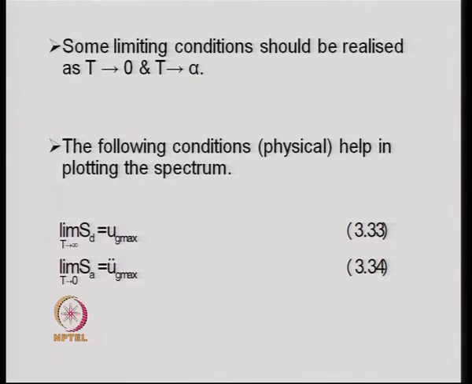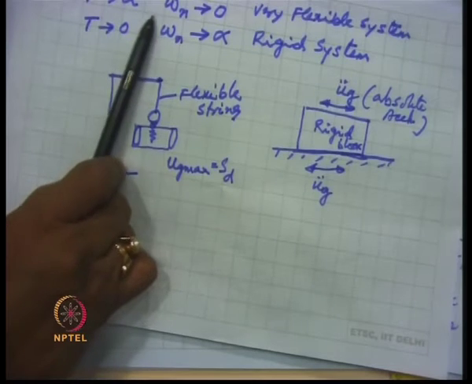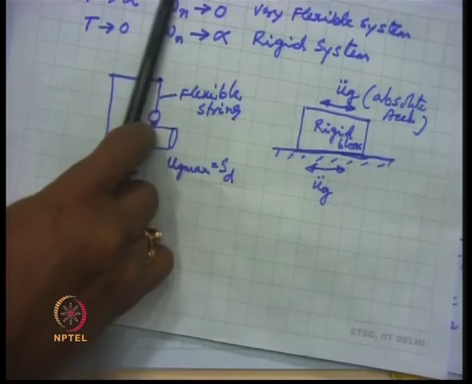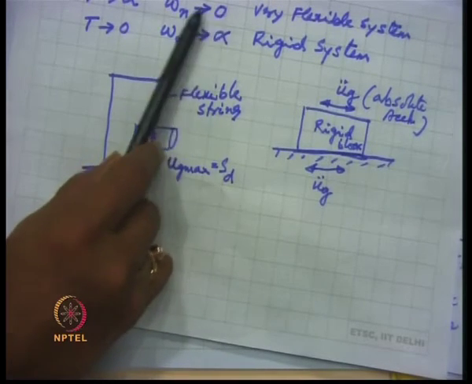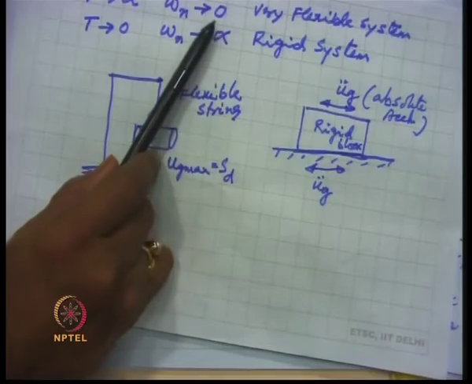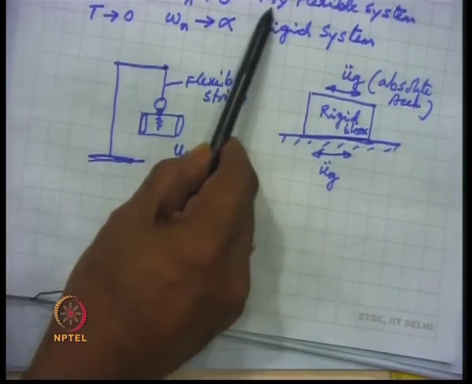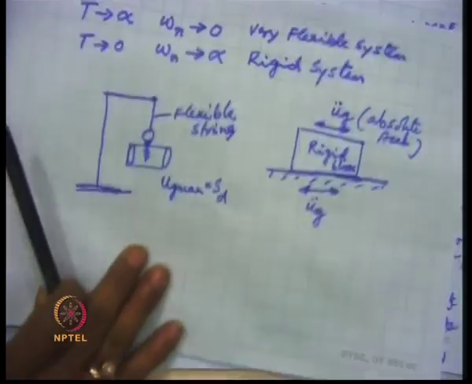When T tends to infinity, the frequency of the system tends to 0, and those kinds of systems are called very flexible systems.